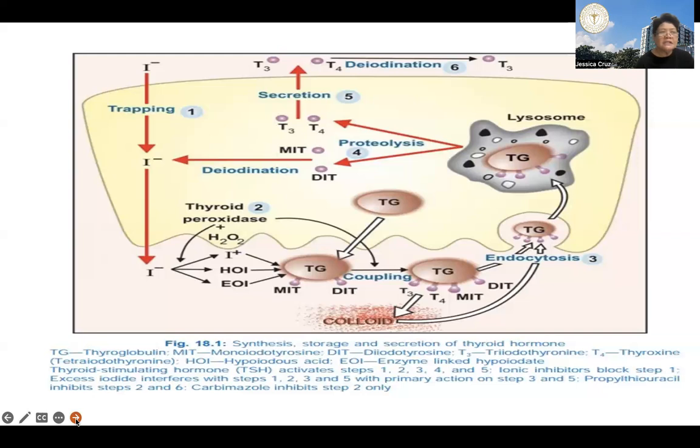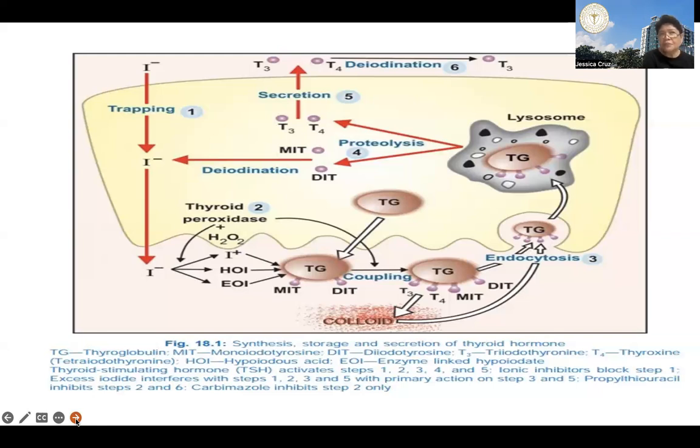Here, while still within the gland, MIT and DIT are deiodinated, so they lose iodine, and this iodine is then recycled or reutilized to produce new hormones. Now this process is blocked again by high levels of intrathyroid iodides.